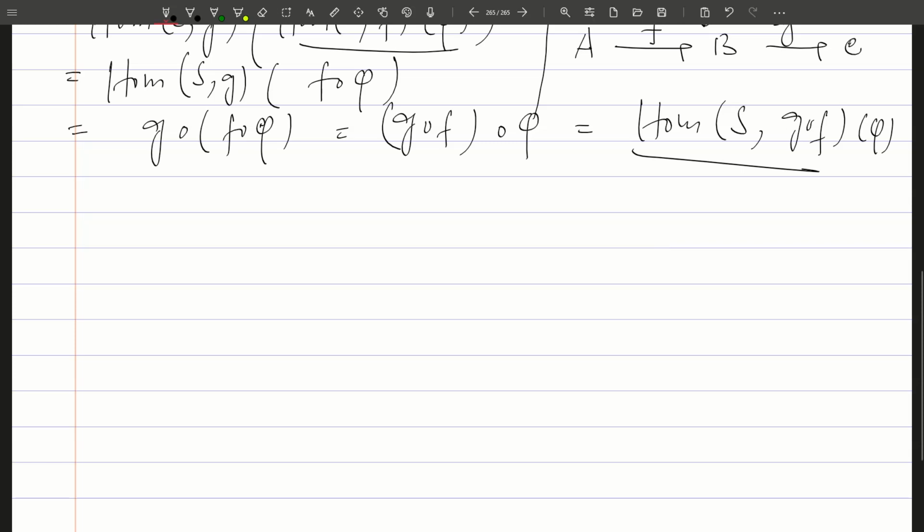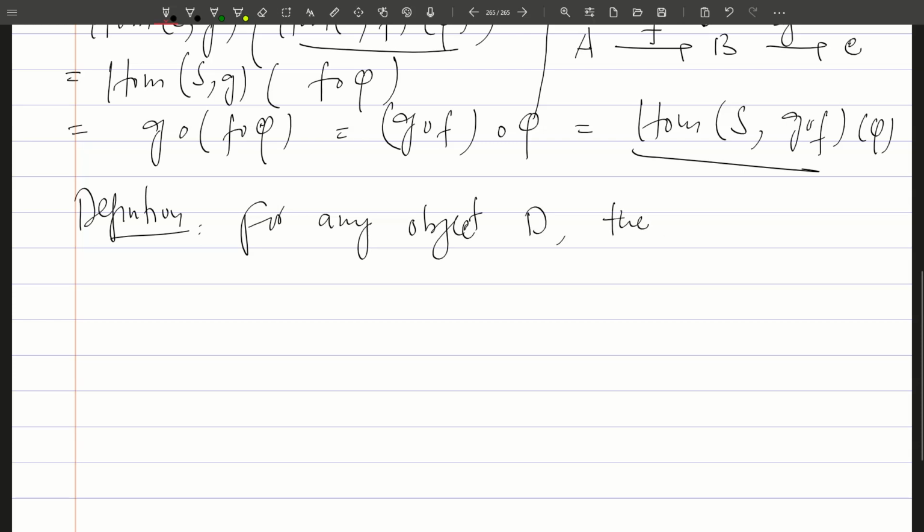Similarly, in the same manner, we can define the contravariant Hom functor. So this is the definition. For any object D, the contravariant Hom functor, which we denote like this.